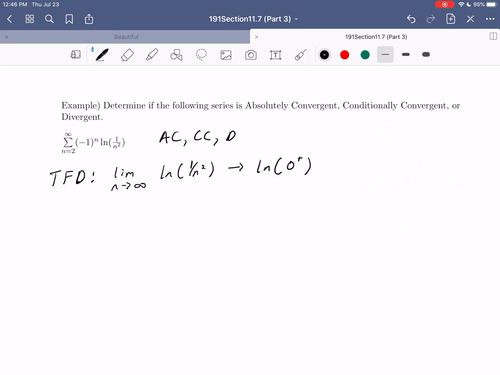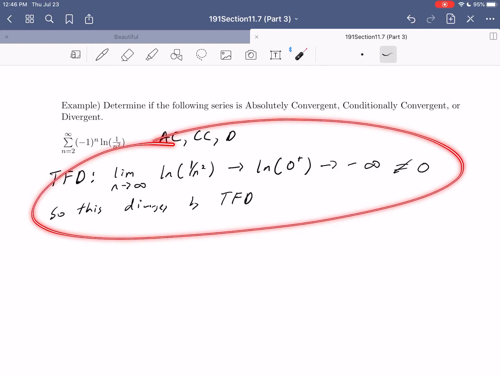So this is going to head towards negative infinity. So this part here is headed towards negative infinity. Our thing is actually oscillating between, well, I guess negative infinity and positive infinity. Point is, though, that's not equal to 0. So this diverges by test for divergence.